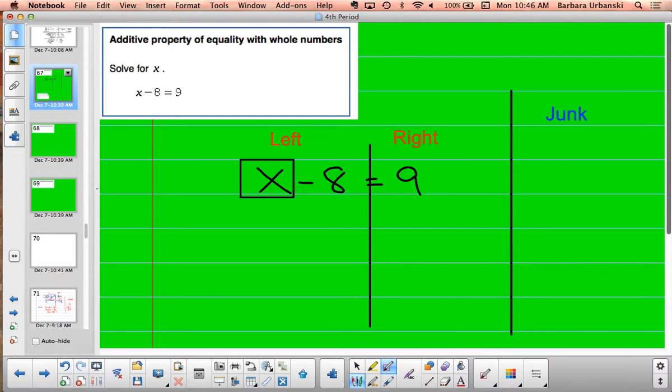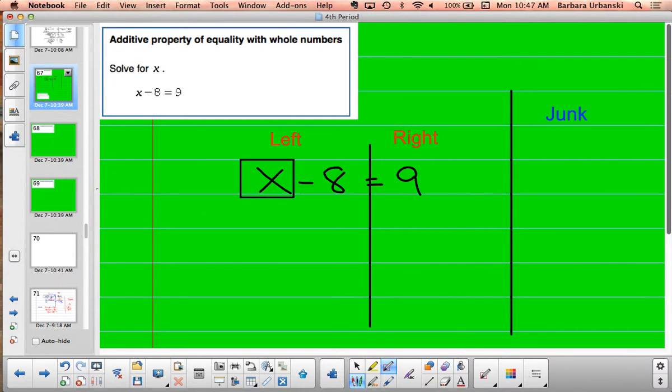And what is in the way of the variable being by itself? If you look, it is a subtracted 8. If you looked at it all by itself, it might look like a negative 8. Either way, you have to say, I need to get rid of that subtracted 8 for my variable to be by itself. Then you ask yourself, what is going on with that term?